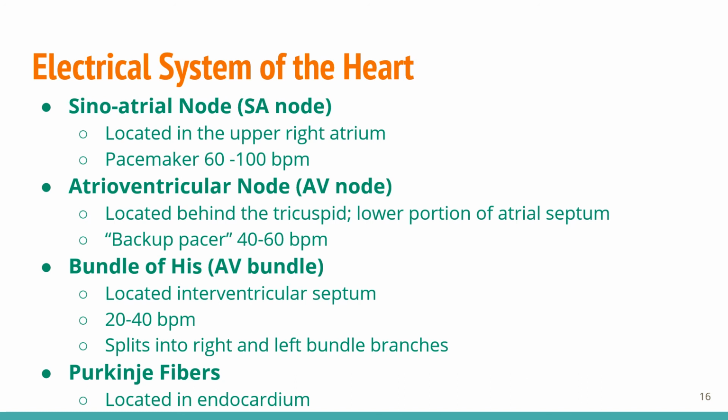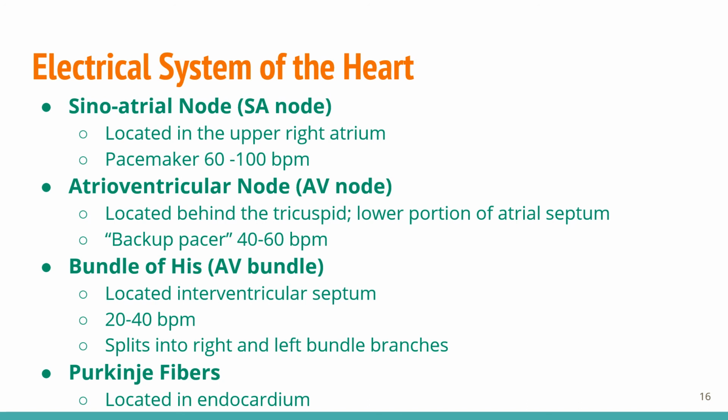You can have bundle branch blocks, and you'll learn about that in CV diagnostics, where something is damaged to that bundle branch and one of the ventricles contracts before the other because there's some type of delay or blockage. You'll also learn about heart blocks. Kind of cool stuff. I like the heart. I think it's really fascinating.